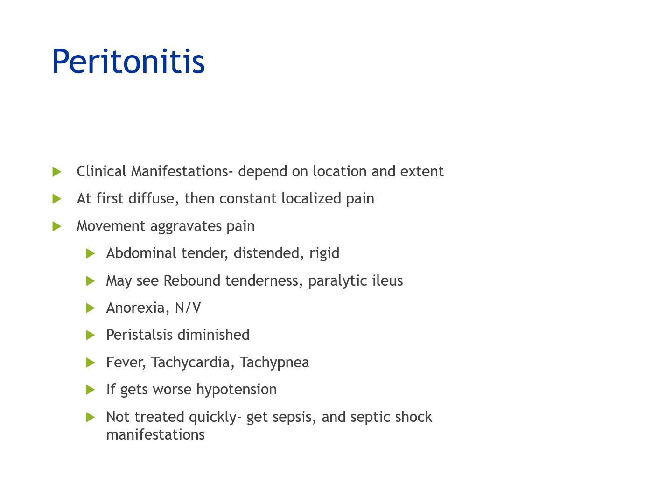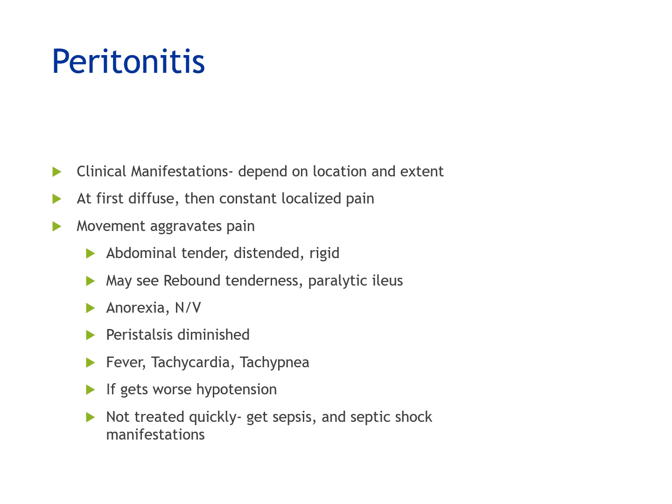Your clinical manifestations are going to depend on the location and extent of the damage. At first, the manifestations are very diffuse, but then they become constant and you get localized pain. I do need you to be able to understand how peritonitis presents itself. Movement aggravates the pain.